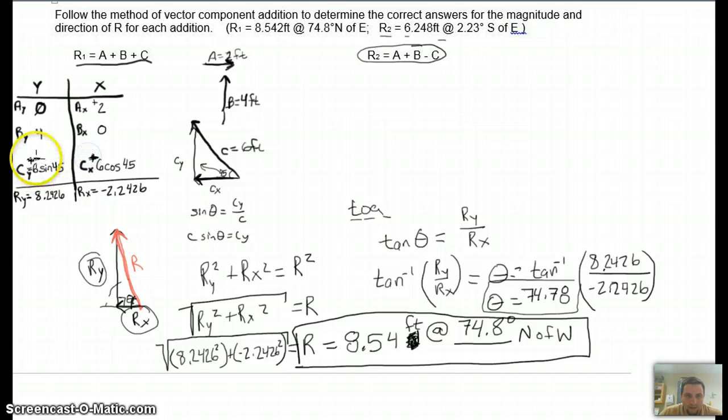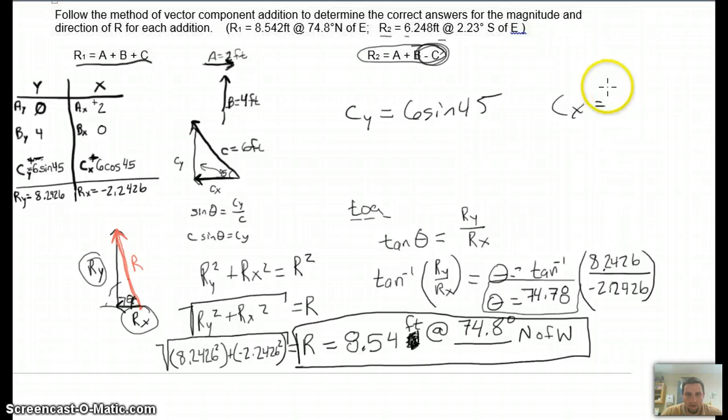So do the exact same thing, except you have a negative x because of the c right here. You're adding the negative. And c of y would equal 6 sine of 45, where c of x is going to equal, oh, I'm sorry, there's a negative here. It will be a positive 6 cosine of 45. Do the same thing, and you should get this answer right here.